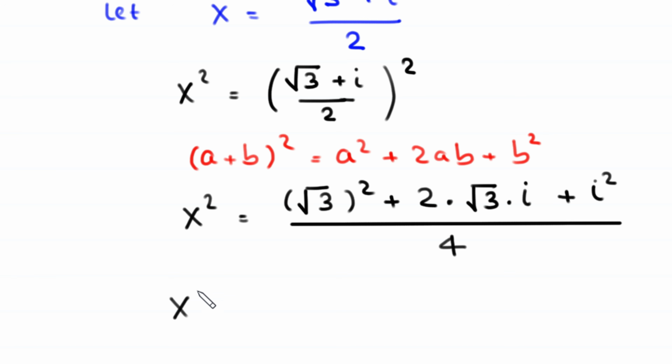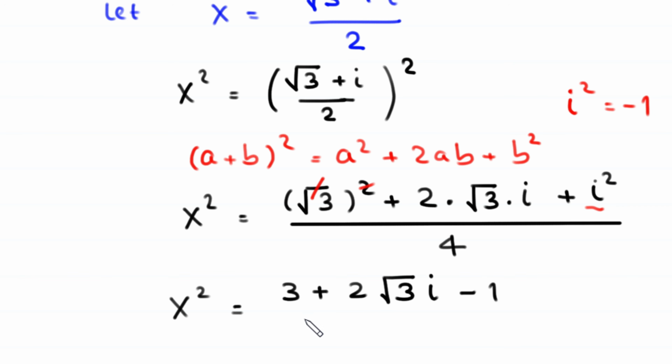Next, this square will be cancelled out with this square root, and here we are left with 3 plus 2 times root 3 times i, and this i squared equal to negative 1. So this plus i squared will become negative 1, divided by 4.